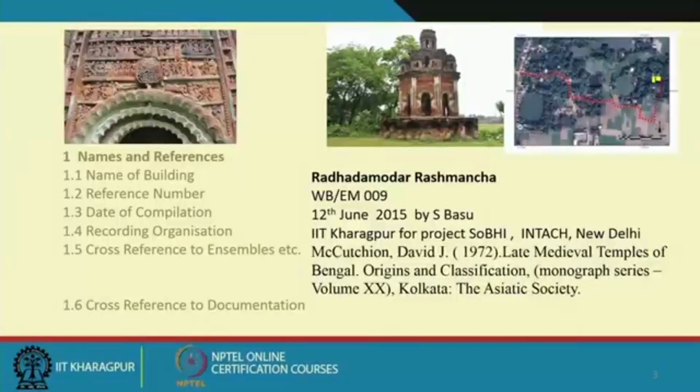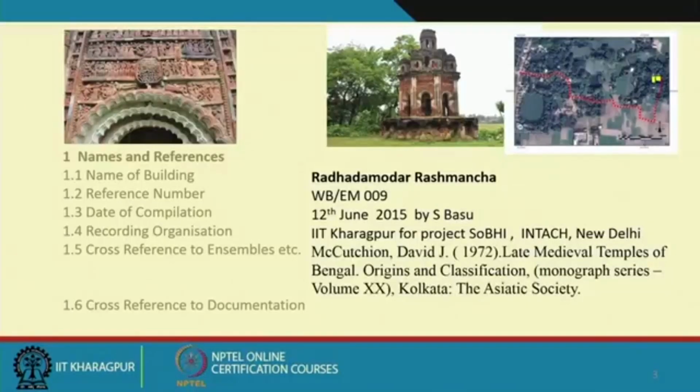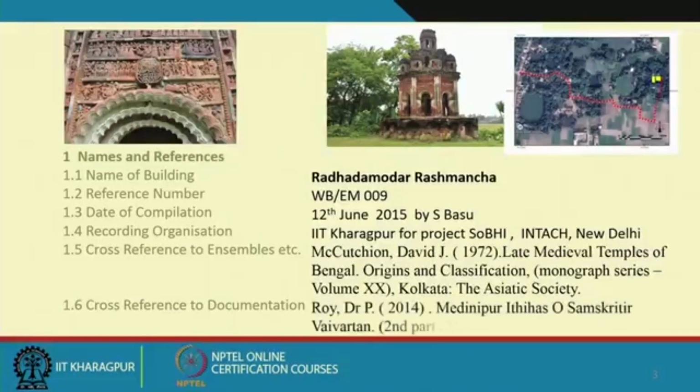In this particular case in Bengal, state wise or district wise, a lot of inventory has been done, not with photographs or images, but with descriptions of the structure. We have followed that, and there are quite a few books. I have just put one book. One has to be very sure which documentation or source material is there, and it has to be put there. As I said, I have done five or six references, but I have just put one as an example.